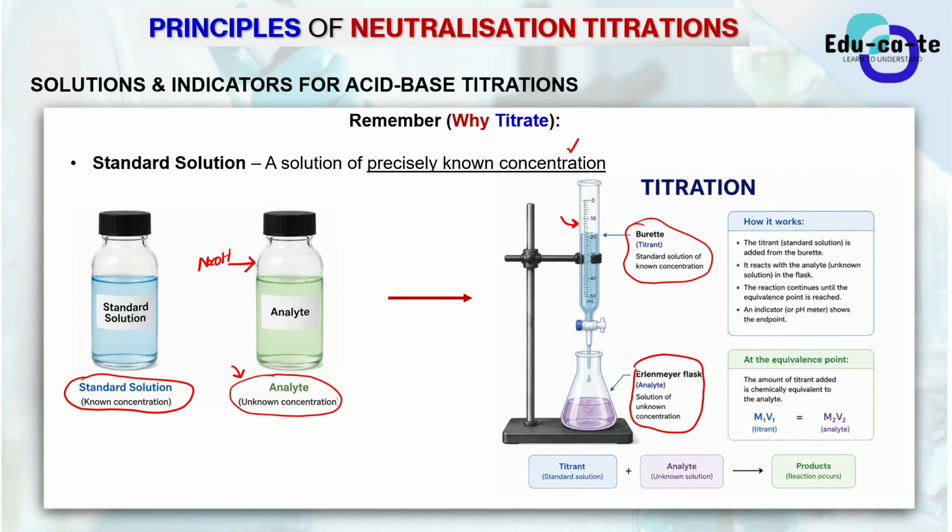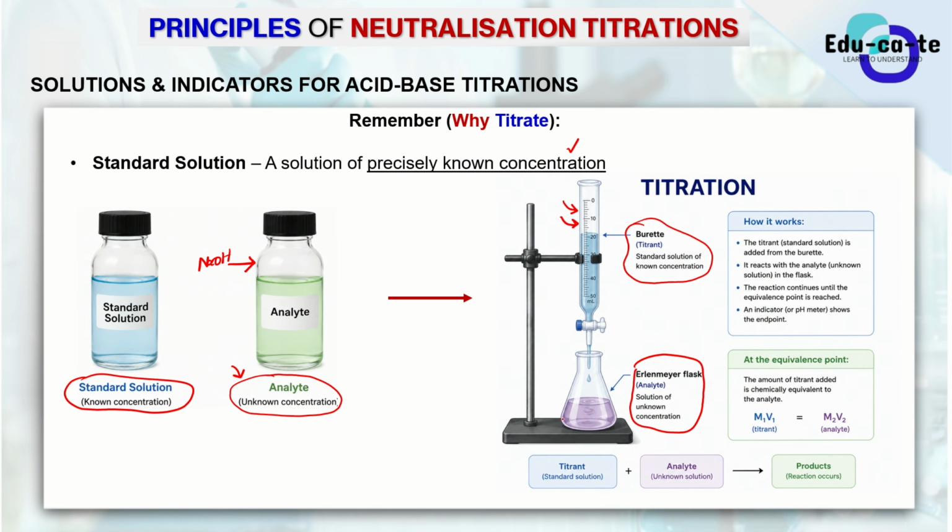So our standard solution will be filled inside the burette, whereas our analyte will be filled inside the Erlenmeyer flask, the one that we're analyzing. Because the whole point of a titration is to find out the concentration of this analyte.